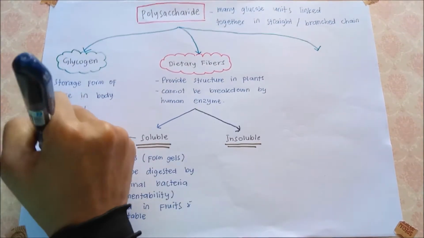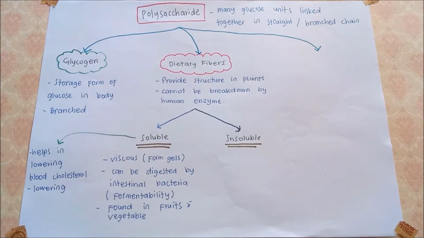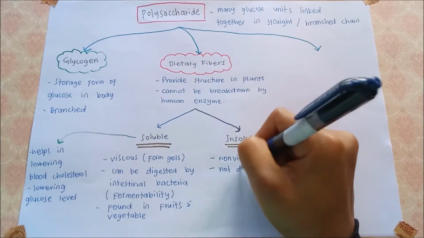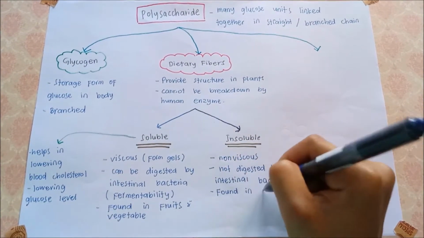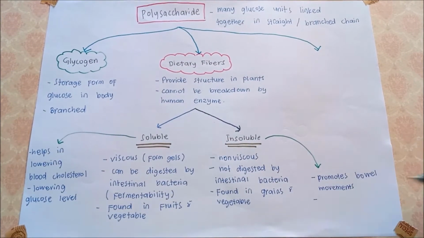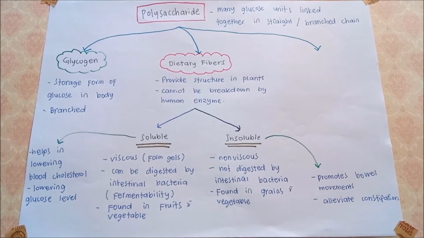It also helps lower blood cholesterol and glucose level in the body. The insoluble fiber is non-viscous and not digested by intestinal bacteria, and it's found in grains and vegetables. It promotes bowel movement and alleviates constipation.